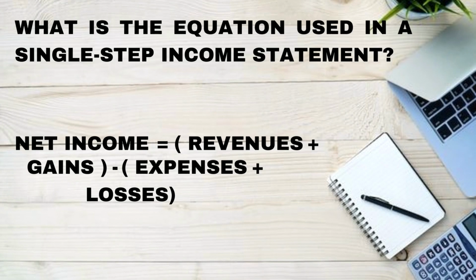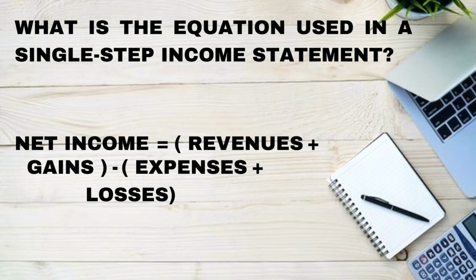Now, in this section, we're going to explore the equations used in a single-step income statement. So what are the equations used in a single-step income statement? The first equation used in a single-step income statement is net income equals revenues plus gains minus expenses plus losses. The single-step income statement offers a straightforward accounting of the financial activity of your business. It's easy to understand and relatively easy to prepare.